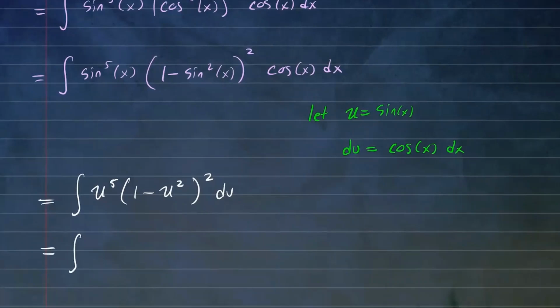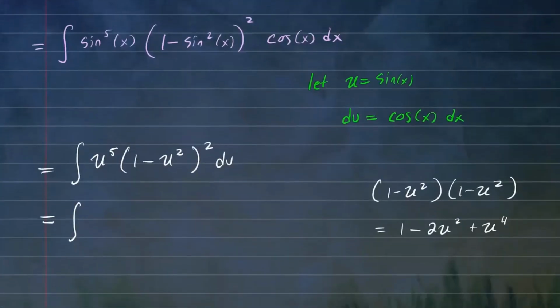So 1 minus u squared, if you expand that, 1 minus u squared times 1 minus u squared, that's going to be 1 minus 2u squared plus u to the 4th. So that's what this becomes. So you have u to the 5th times 1 minus 2u squared plus u to the 4th du.